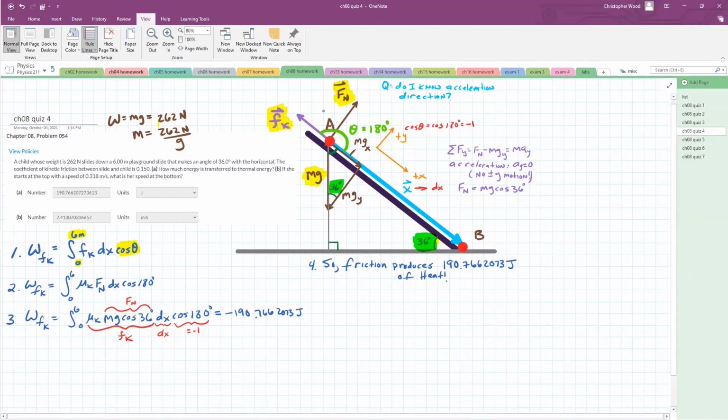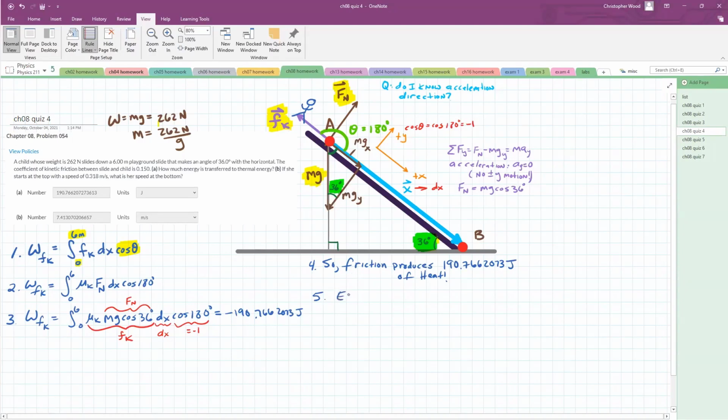So it's as if the child is up here on the slide and starts running. You ever used to do this? You start running and then you basically just dive onto the slide. I'm not sure that's what this child did, but the child has an initial kinetic energy. So step 5, and our task for part B is to find out the speed at the bottom.